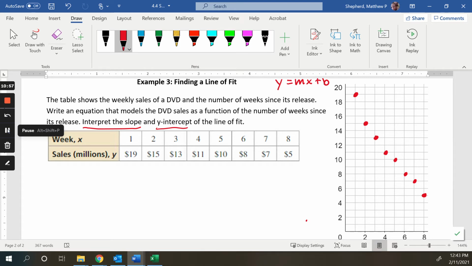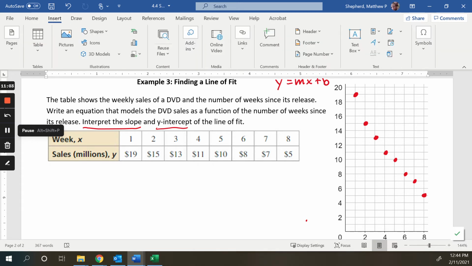Okay, so I am now going to draw a line that tries to go through the middle of this to the best of my abilities. When you are doing a trend line or a line of fit, these are kind of quick things done by a statistician to get some quick numbers.